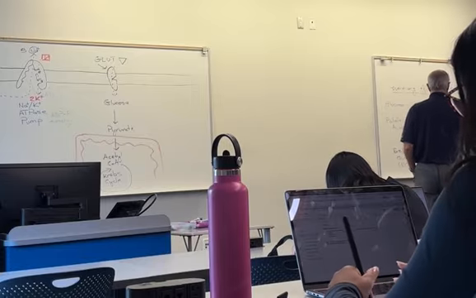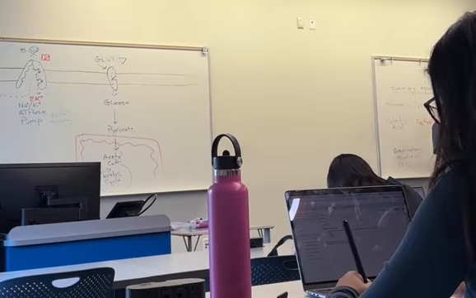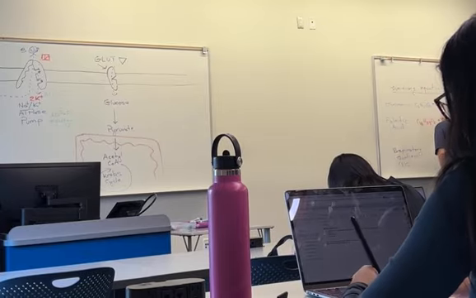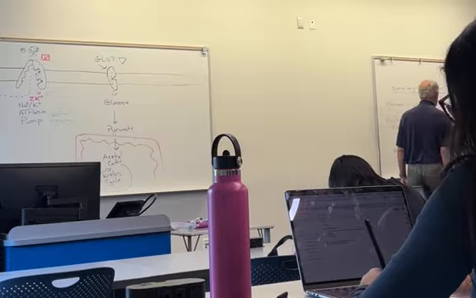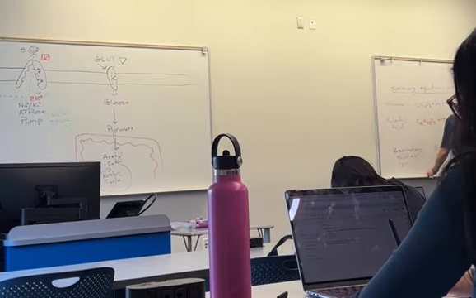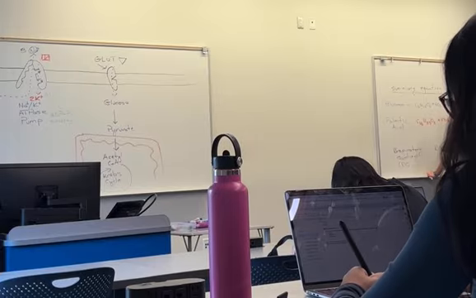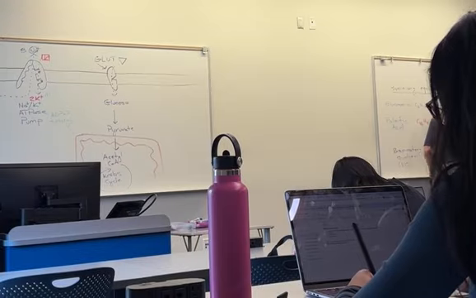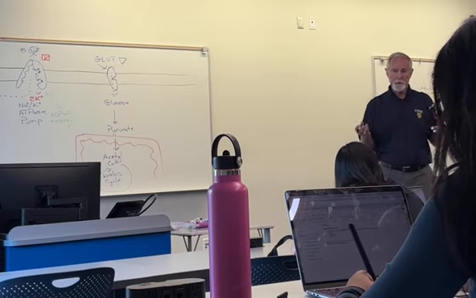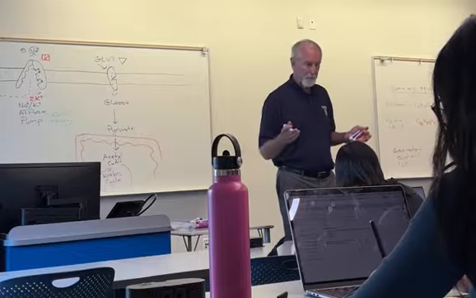So the respiratory quotient, RQ, is equal to the rate of CO2 production. I'm going to put capital V, and I'm going to put CO2. In biology land, in chemistry land, a capital V would represent volume.